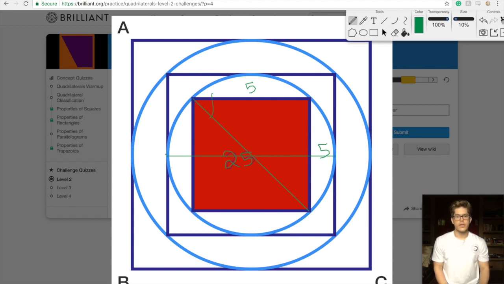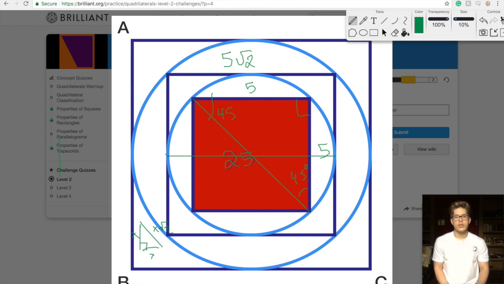So again, this is a 45, 45, 90 triangle. So our hypotenuse for this triangle must be 5 root 2, as this is a special right triangle where we have x, x, and x root 2. So this hypotenuse is 5 root 2, which means the length for our next square is 5 root 2.